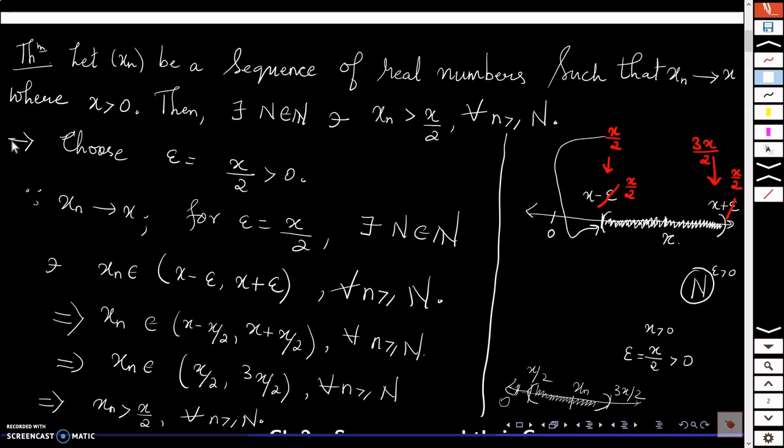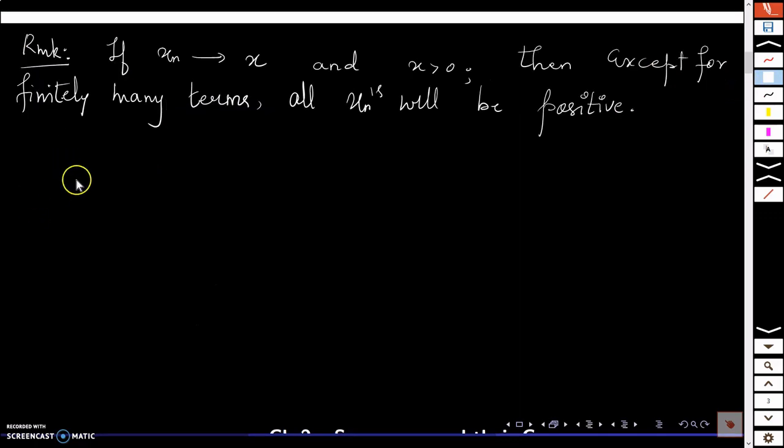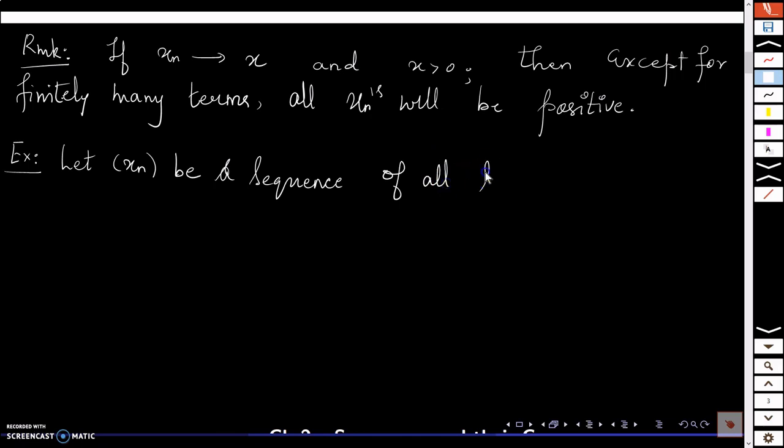Now another thing to look at here is, what can I deduce when a sequence xn converges to the point x where x is a negative real number? So that I will leave as an exercise. I want you all to think over this. Let xn be a sequence of real numbers such that xn converges to the point x and the point x is negative.